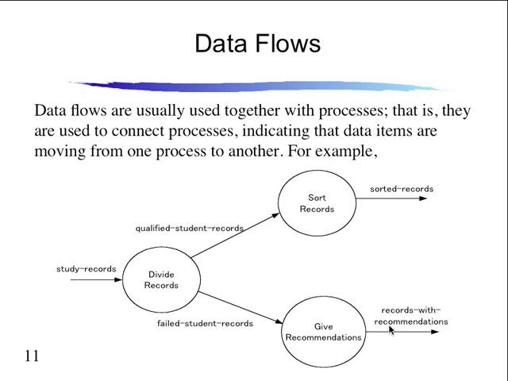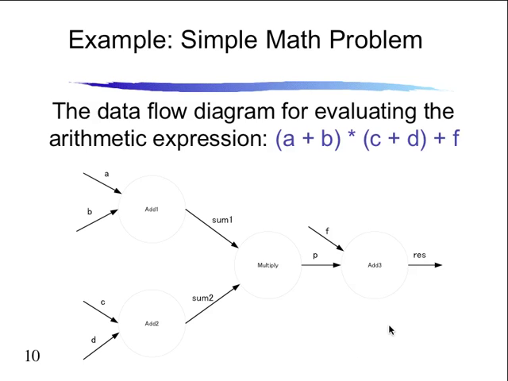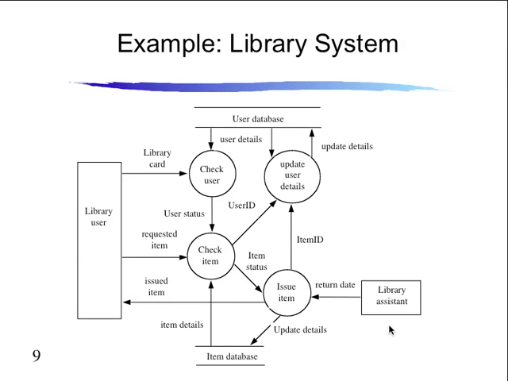So our data flows are usually used together with processes, just to reiterate the point. They're used to connect processes. So oftentimes you see processes connected to other processes, which is what we saw here. You never see relationships connected to other relationships in an entity relationship diagram. You always see one entity, one relationship, and another entity in that sequence.